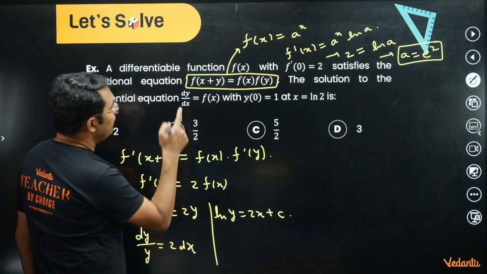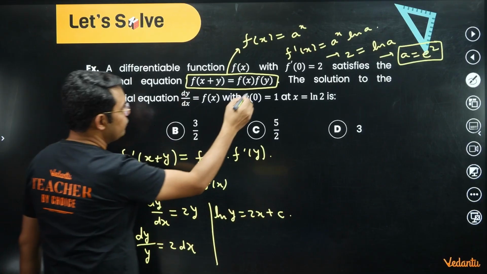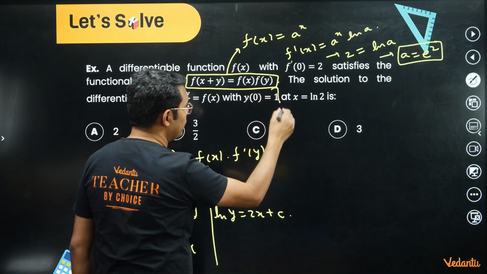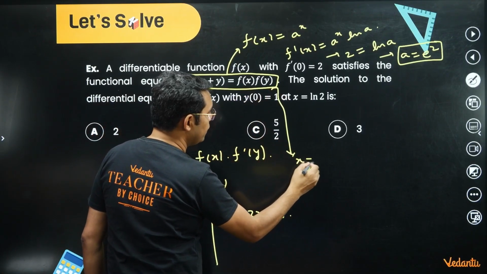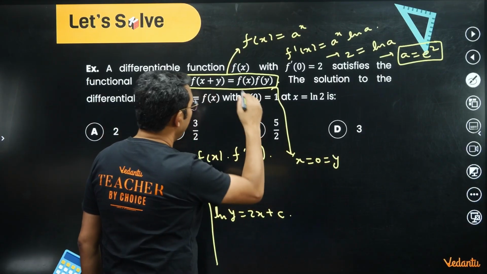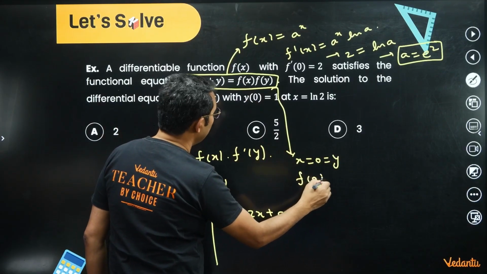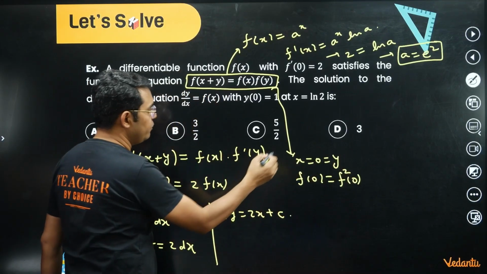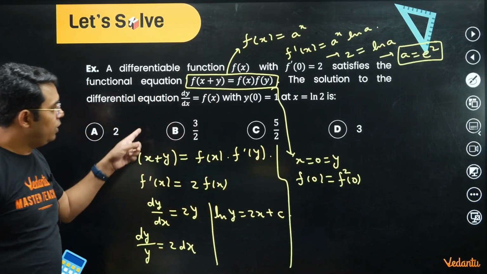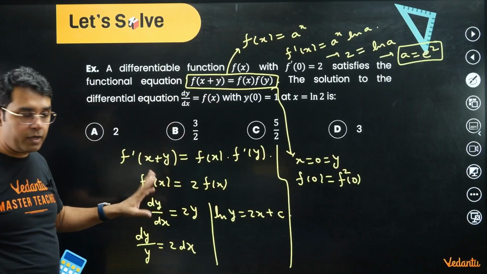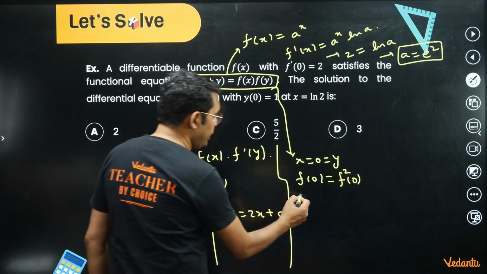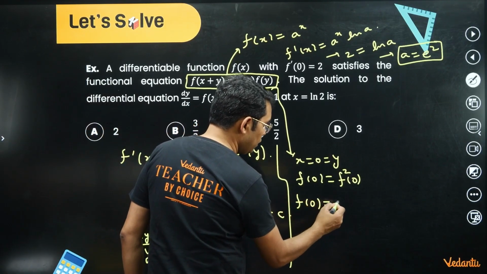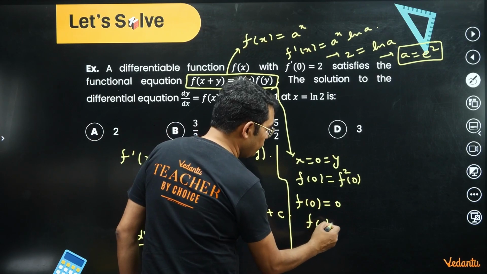And from this functional equation, one more very important thing: if you put x equal to 0 and y equal to 0, we will be getting f of 0 is equal to f of 0 square. From this, f of 0 will be either 0 or f of 0 will be equal to 1.